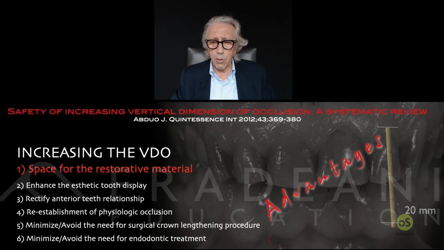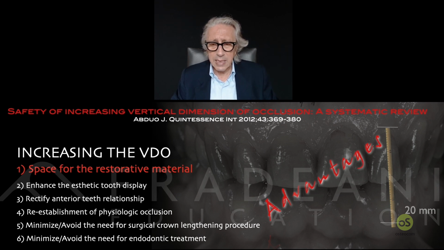So, first of all, why would I like to increase the vertical dimension if that is the request of your dentist? You want to increase the vertical to have space for restorative material. I don't want to cut even more the teeth, the bottom ones that are already very, very aggressively treated by nature, unfortunately. And I also want to rectify the relationship between upper and lowers from the functional point of view and for the aesthetic point of view.